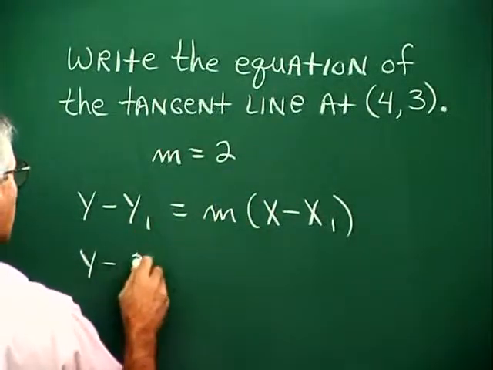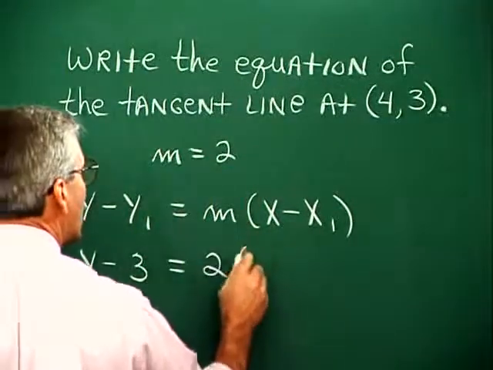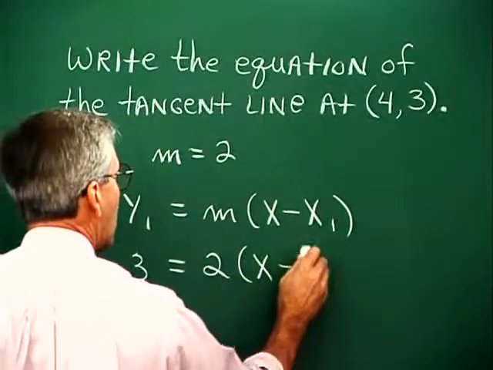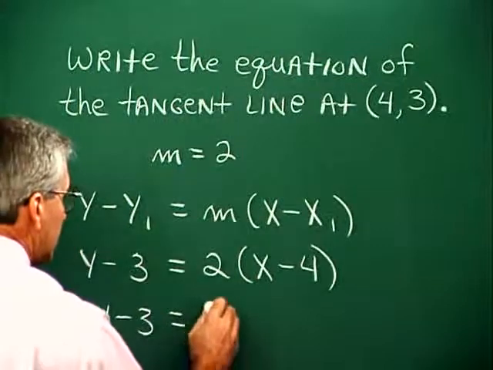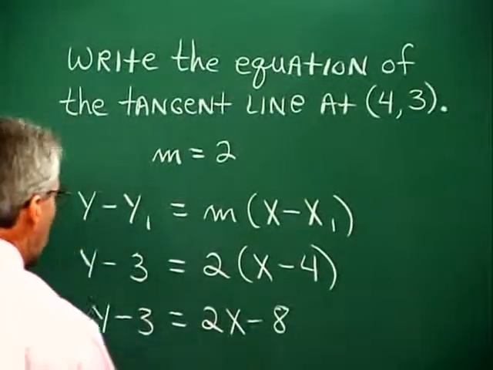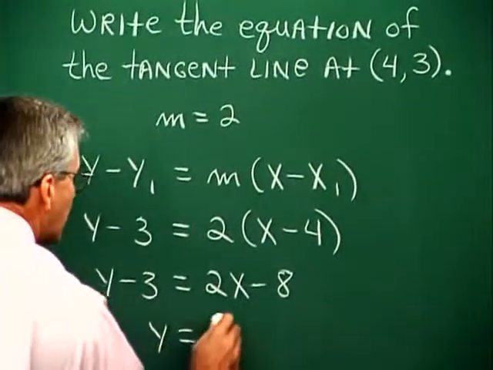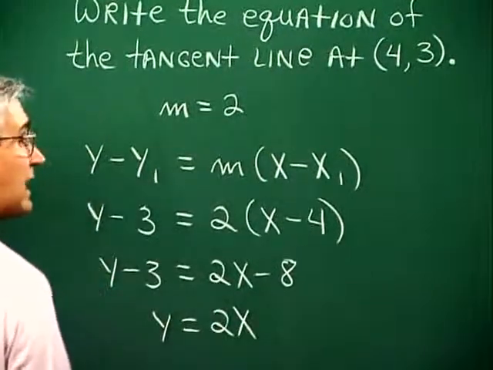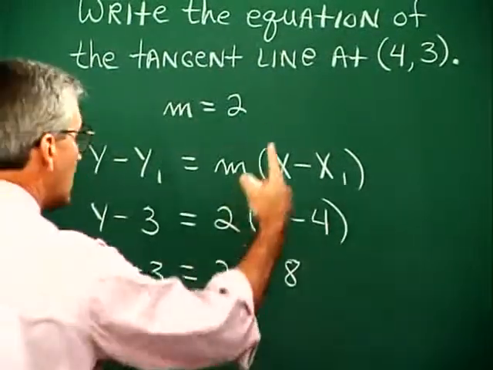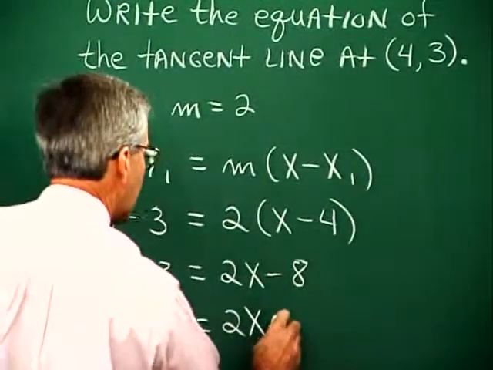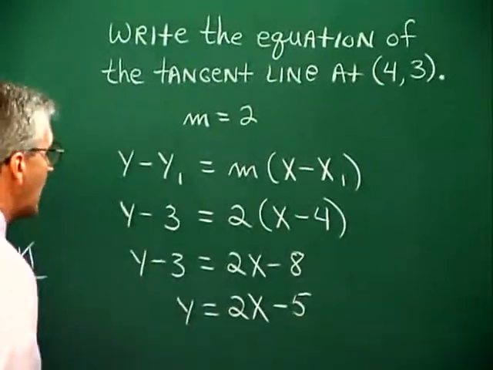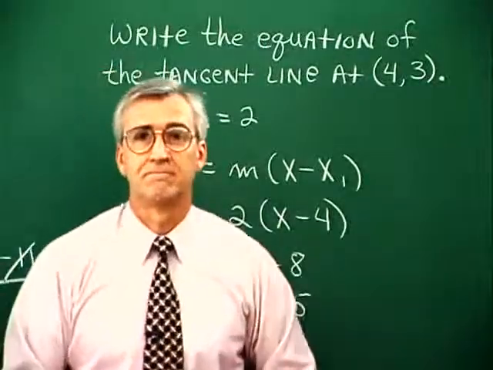The y component is 3, the slope 2, the x component 4, and away we go. Adding 3 on both sides, we find the equation of the tangent line at that point to be y equals 2x minus 5.